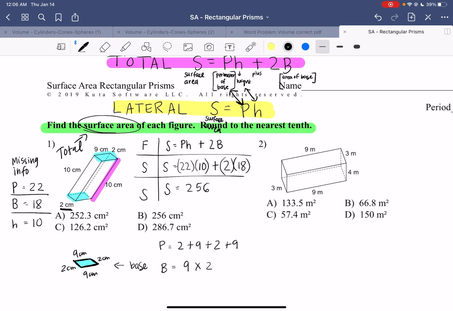So 256, and that's going to be centimeters squared. And that will take us to answer choice B.